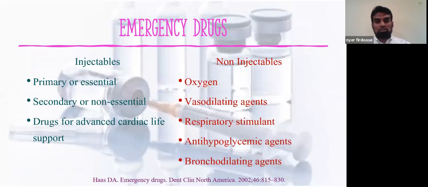Now, the non-injectables include the oxygen cylinder, the vasodilating agents, the respiratory stimulant, the anti-hypoglycemic agents, and bronchodilating agents. The precise composition of the drug kit can vary, as the presence of the drugs in this group may depend on the nature of the dental setups.